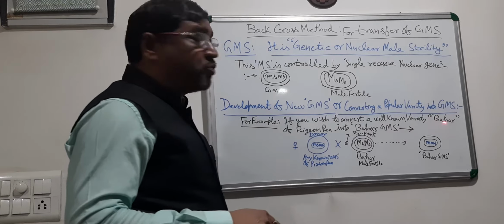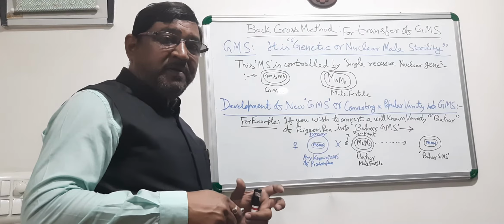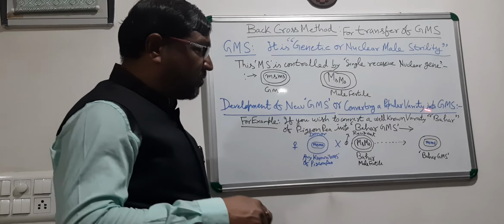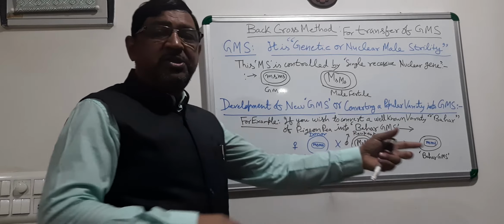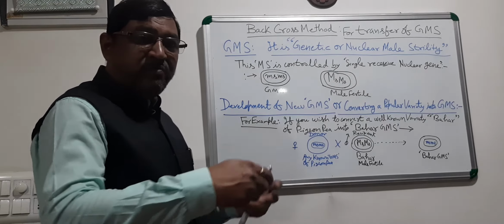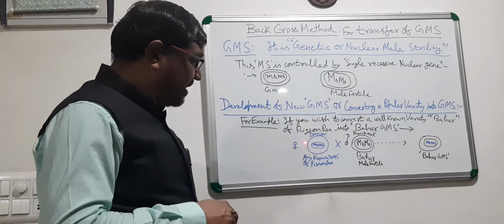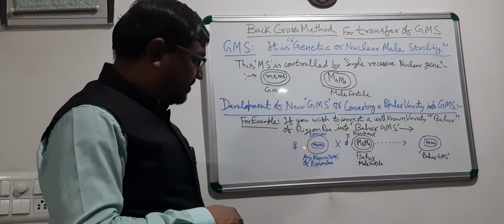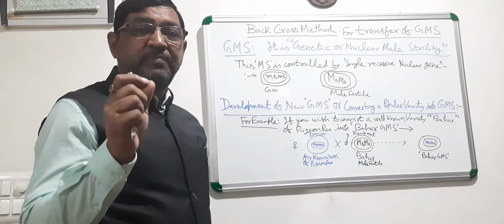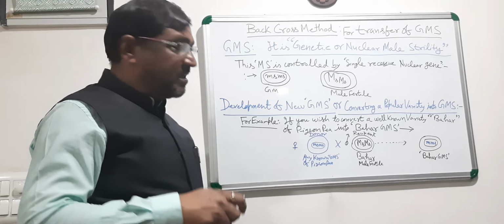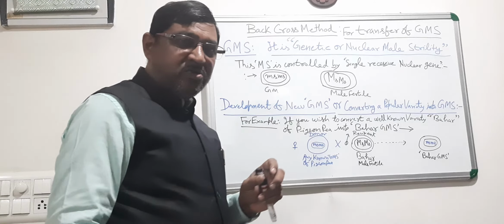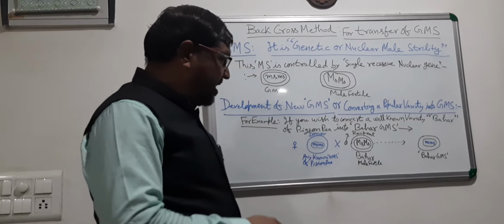If you wish to convert this Bahar into Bahar GMS, what are you going to do? You are going for backcrossing. You must have a donor pigeon pea which is GMS, genetic male sterile, having small ms. You try to have that, and you make the cross.